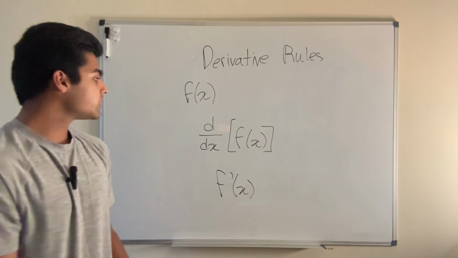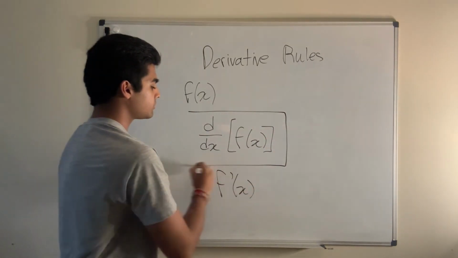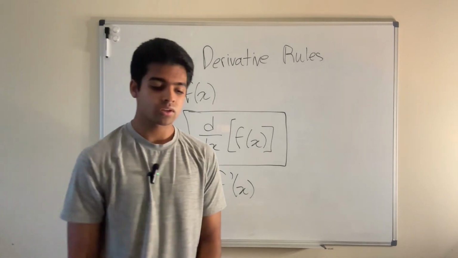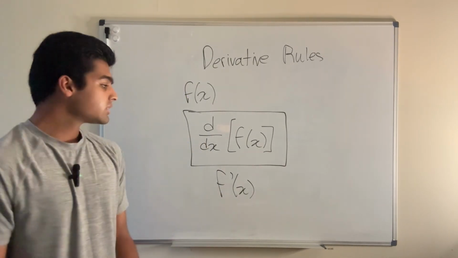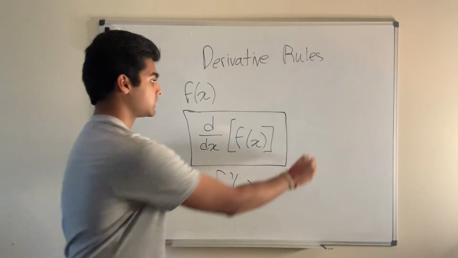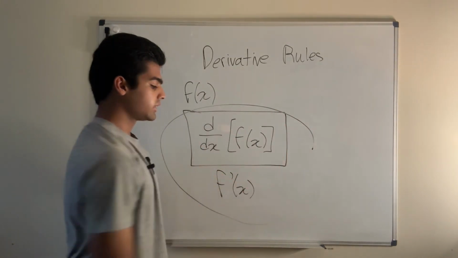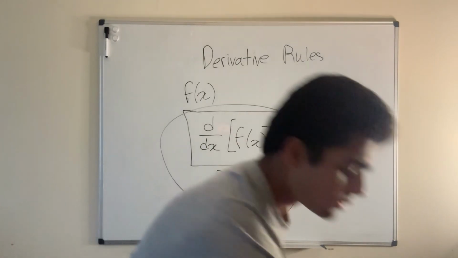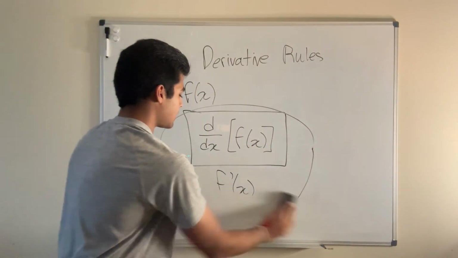For this video, we will be using this form of notation because it makes it easier to teach, but on AP exams or tests, you will most likely see both of these. Okay, now let's look at some properties.